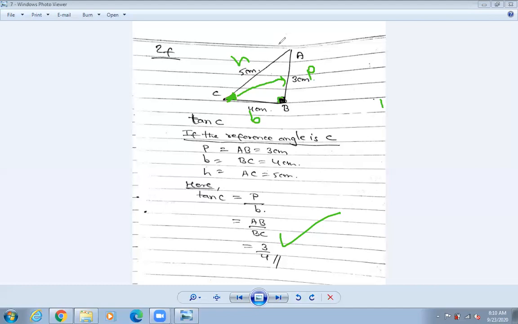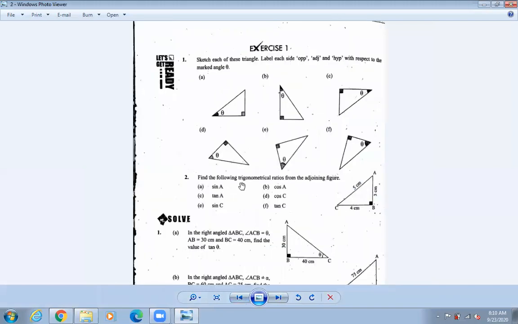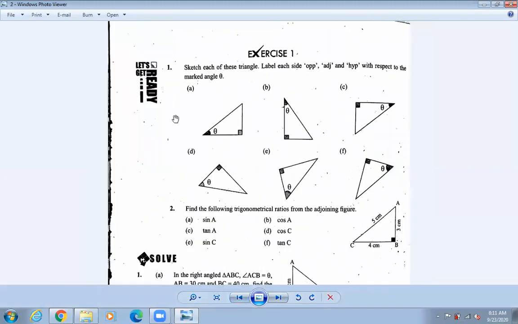Today I'm so sorry I couldn't give you much homework. You may be very sad for not getting so much homework. So let's get ready. Question number 1, this is your homework, and question number 2, this is your homework. You need to make a figure.